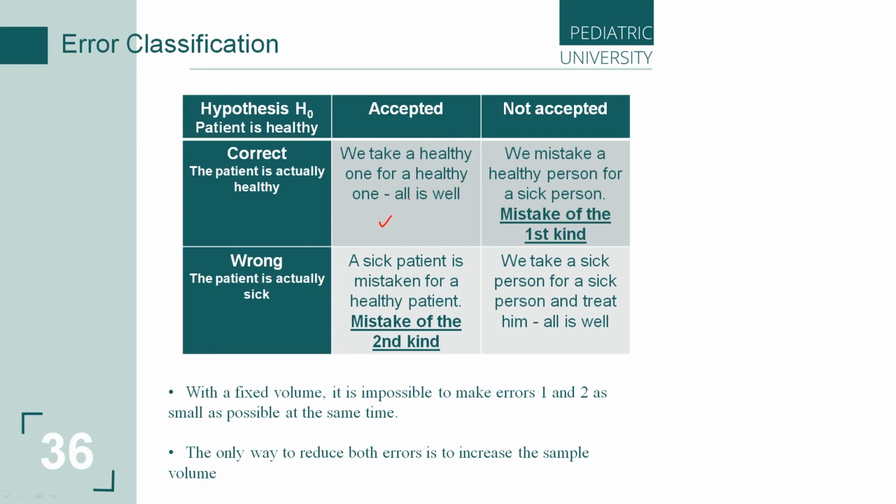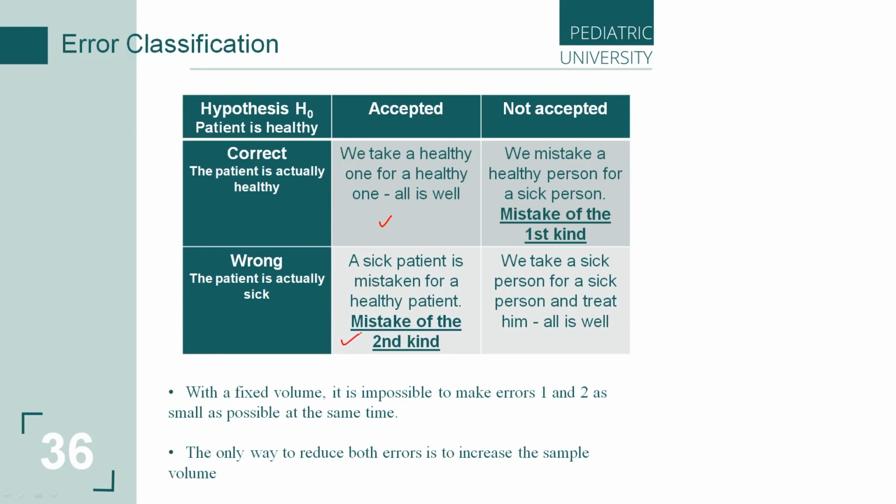We can reject the correct hypothesis. That is, we take a healthy patient as a sick patient. We have a hypothesis that the patient is healthy. We reject it, and the patient is actually healthy. That's a mistake of the first kind, this point.